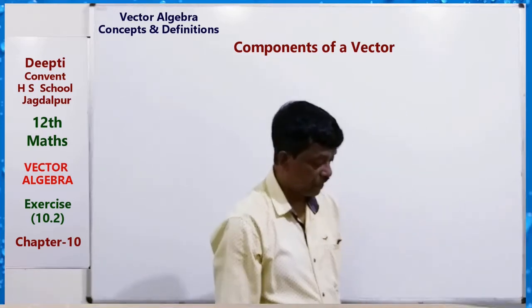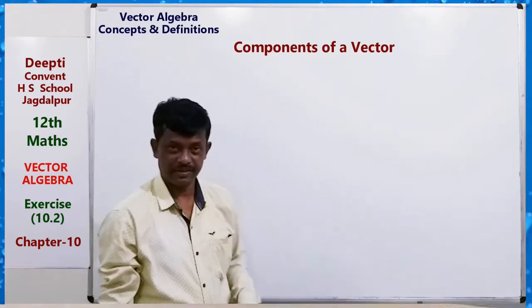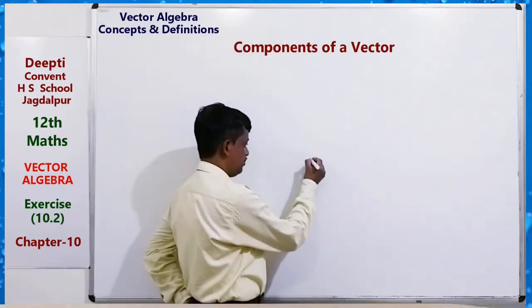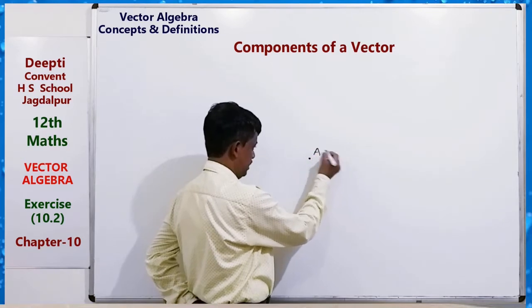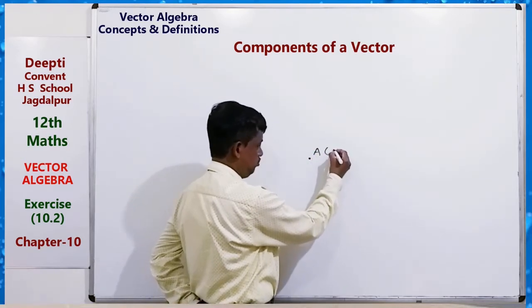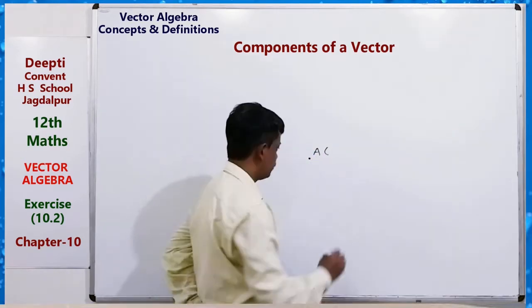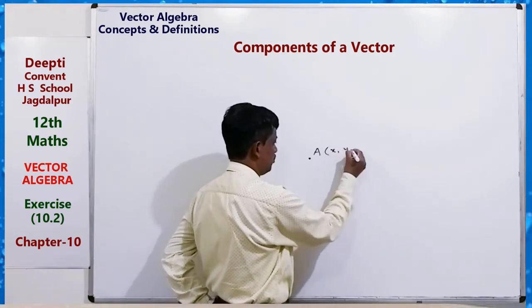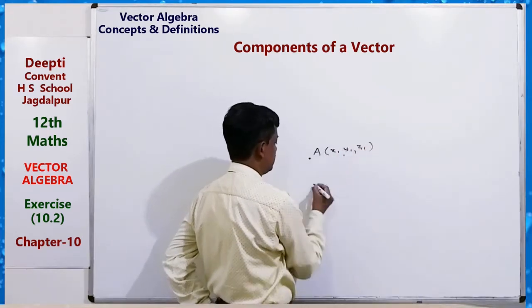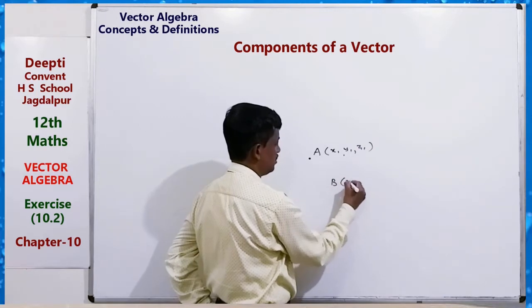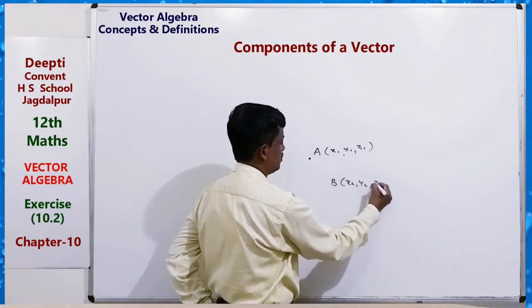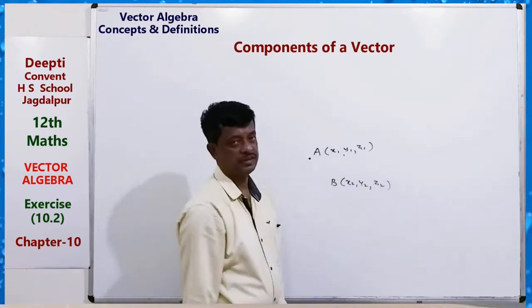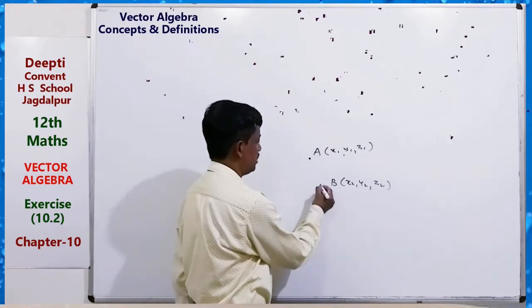Now, vector joining two points. Suppose we have a point A (x1, y1, z1) and another point B (x2, y2, z2). So we can make two vectors.